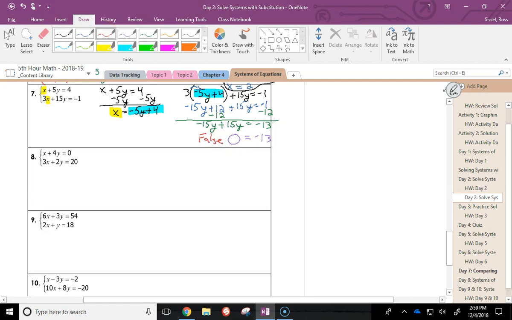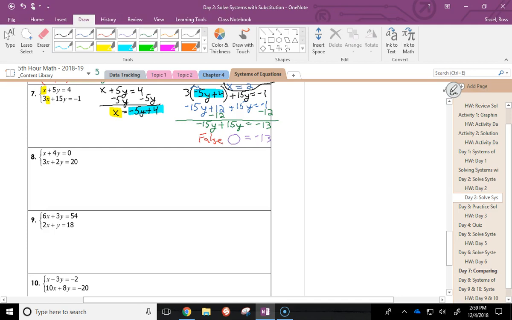So my first thing is, I'd look back and see, did I make any mistakes? Did I accidentally substitute? It happens. Did I accidentally put this in for y instead of x or something? And when I look back at my work, everything looks okay. So I feel like I didn't make any mistakes, but I still get 0 equals negative 13.